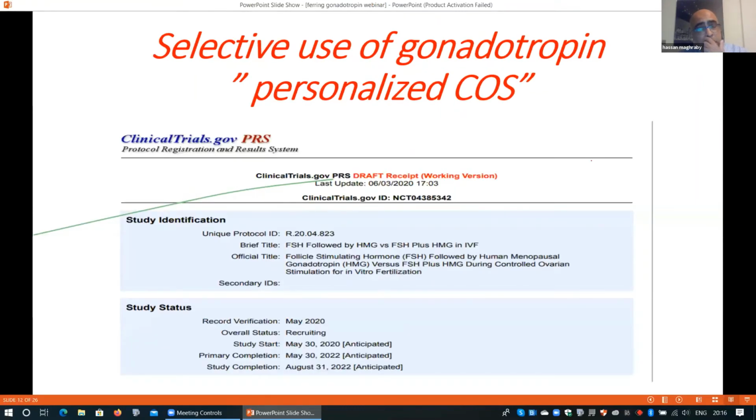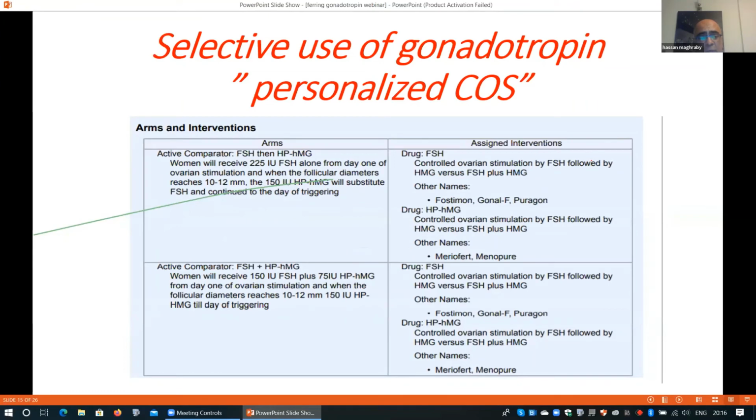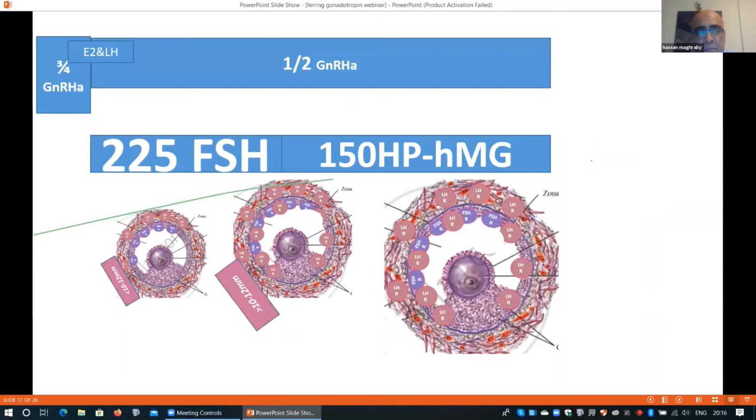And this is the registered multicenter randomized control trial of EFRE. In this randomized control trial, we use two protocols. One of them is FSH followed by highly purified HMG, whereas the other is FSH and highly purified HMG followed by highly purified HMG alone when the follicle exceeds 12 millimeter. So this is our protocol.